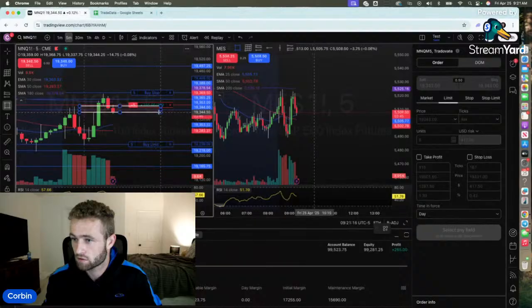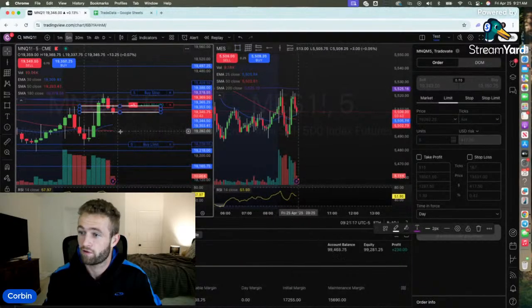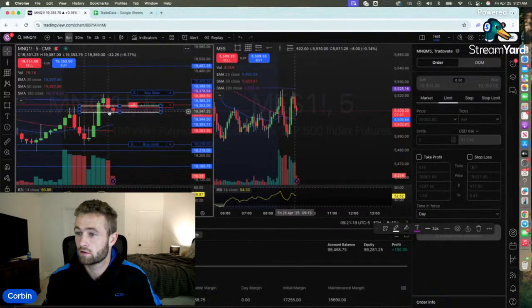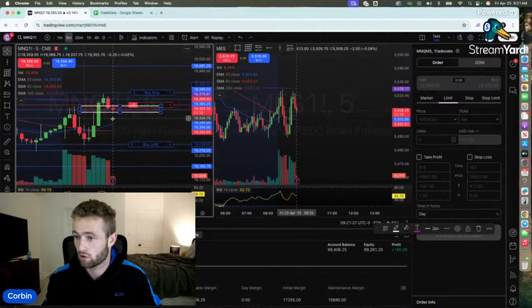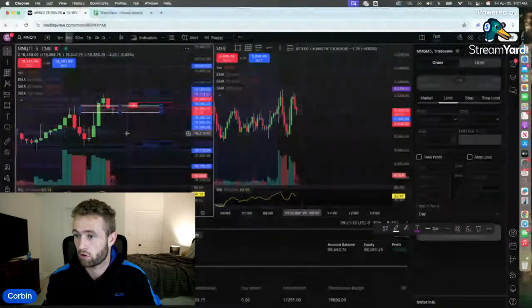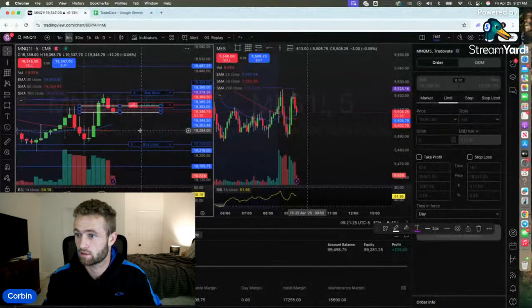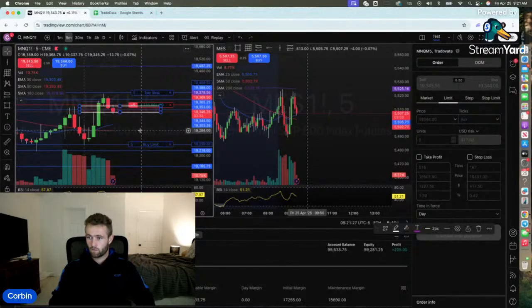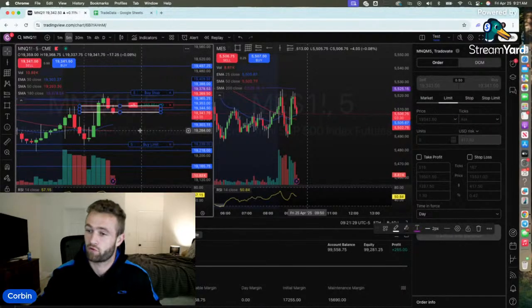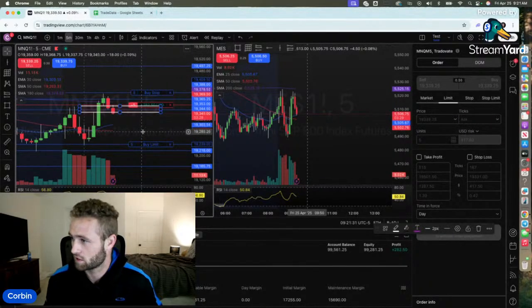Continuation confluence to the downside. On the 5-day, 5-minute chart, I want this candle to close below that level. That would be idealistic. It'd be confirmation, and then if we came up and tested levels, I could consider adding more to the position.